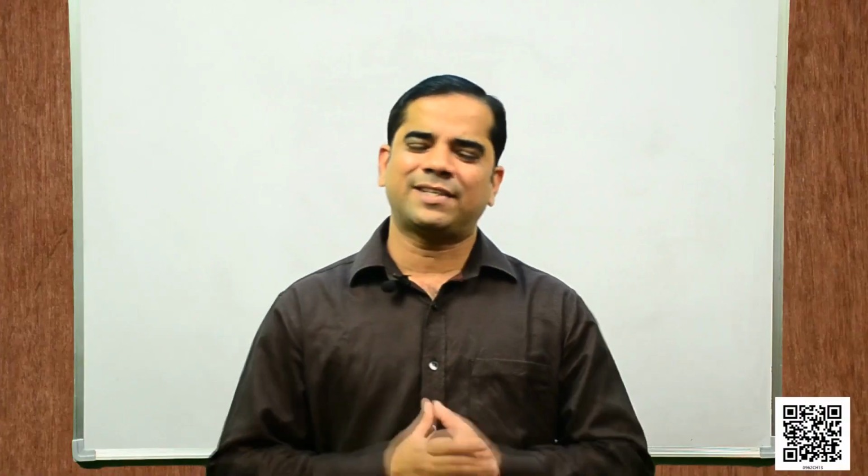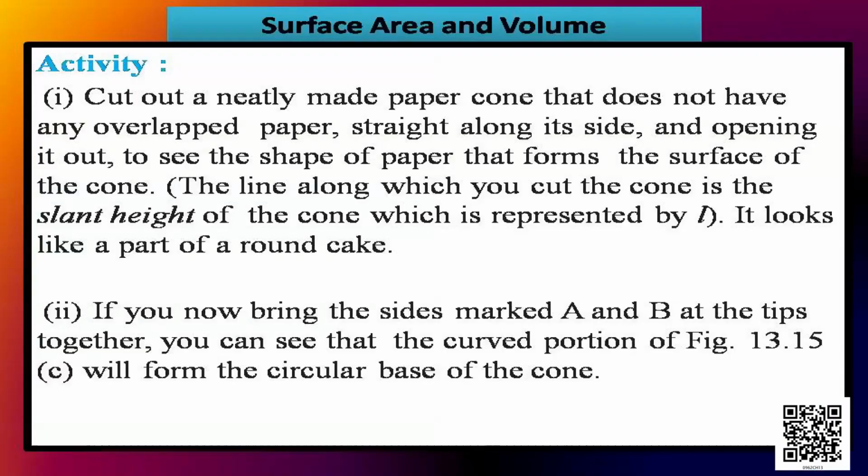Okay? Students, now there is another activity for you. Cut a neatly made paper cone that does not have any overlapped paper straight along its side and open it out to see the shape of paper that forms the surface of the cone. The line along which you cut the cone is the slant height of the cone, which is represented by l.